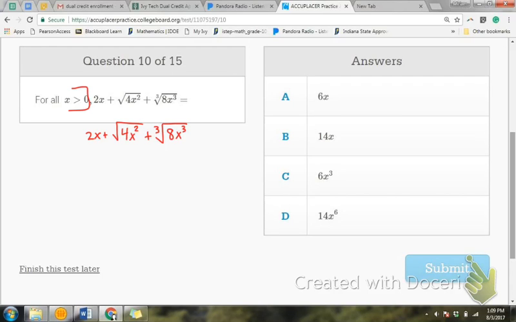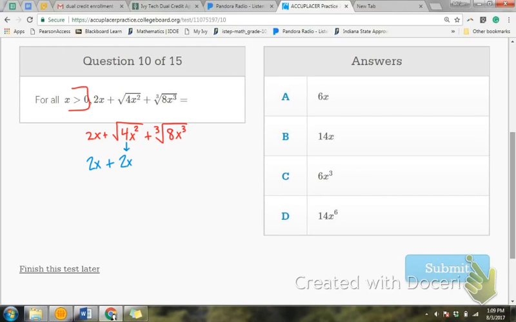Okay, now 2x, nothing we can do there, right? What is the square root of 4? And what's the square root of x squared? So this really is what? This is not 2x squared. This is really just 2x right here, right? We'll go ahead and bring this 2x down in the beginning because we didn't change that one.